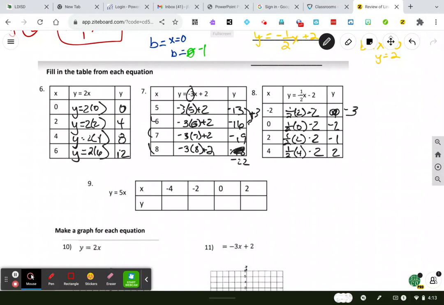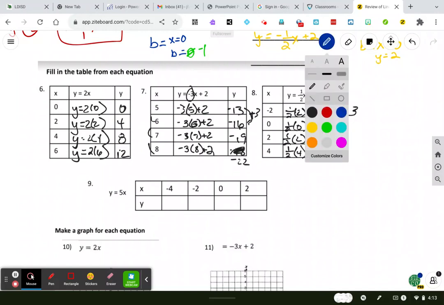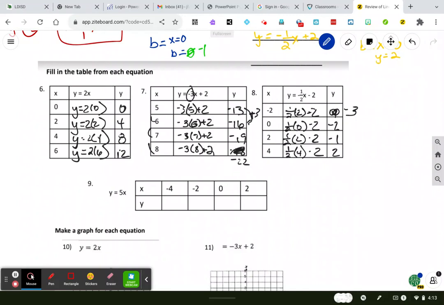All right, the next one, number 9 here. I've given you values for x. Now you just have to plug in the numbers for y. So when x equals negative 4, y equals 5 times negative 4, that is negative 20. When x equals negative 2, 5 times negative 2, that's negative 10.